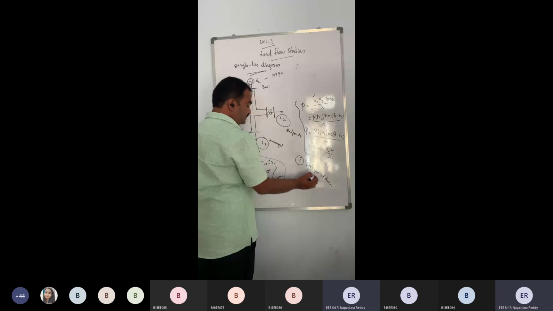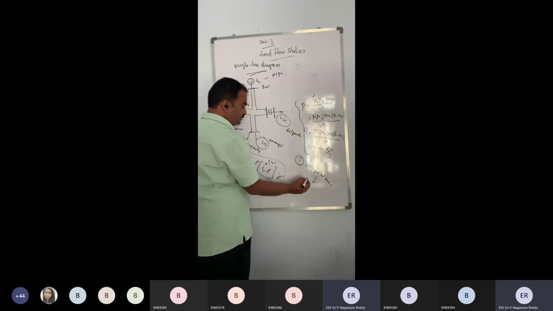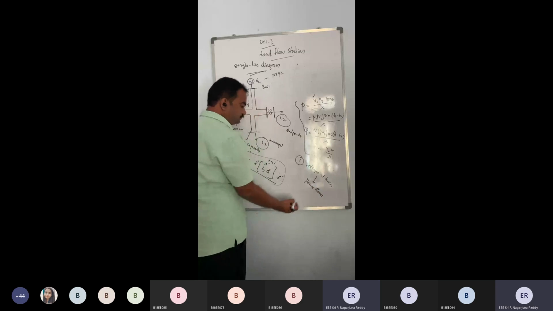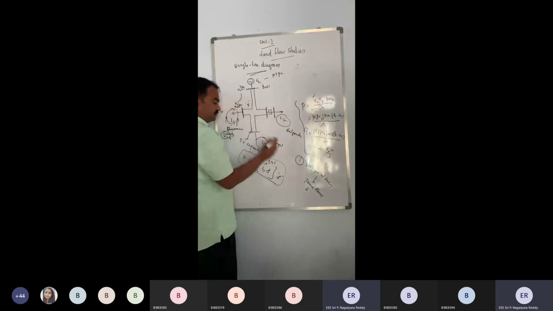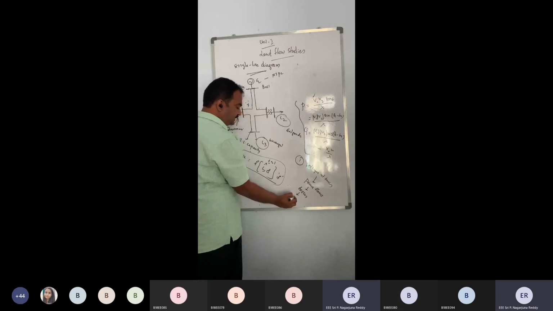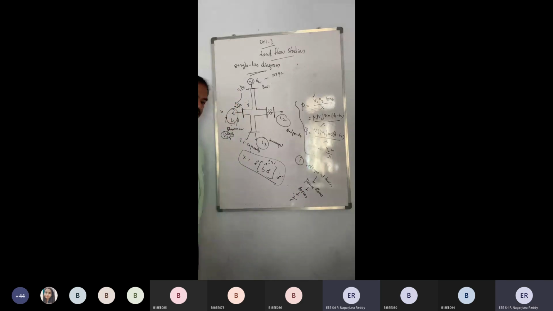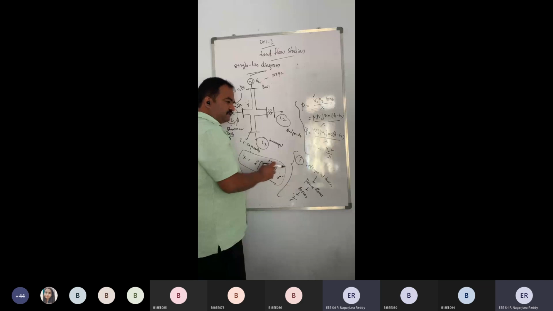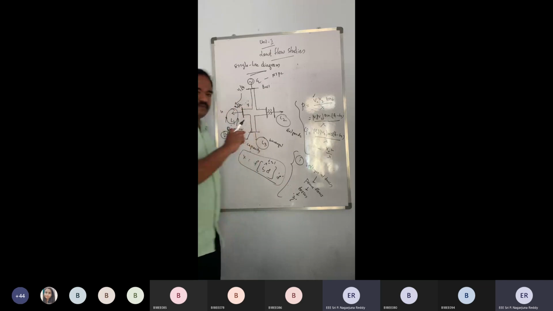Once you know the voltage at all the buses, then only you can compute the power flows. Once you know the power flows, then you can calculate losses. Then only you can calculate the efficiency of the power flow. Isn't it? This is one thing. Why do we require to compute the voltages? This is one thing. The second thing is to understand the power flow.